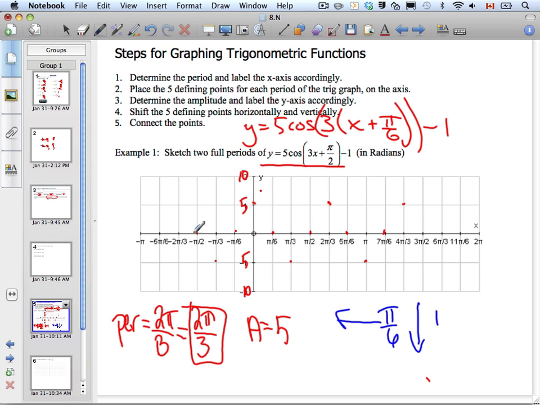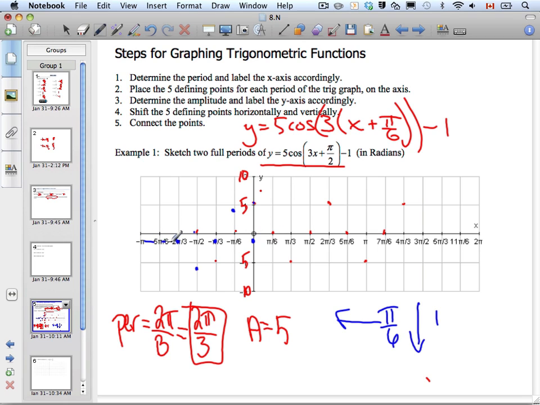So I'm going to take this value here, shift it left, and go down 1. I'm going to take this value, shift it left, and go down 1. Take this value, go left, and go down 1. Left, and down 1. So on and so forth.